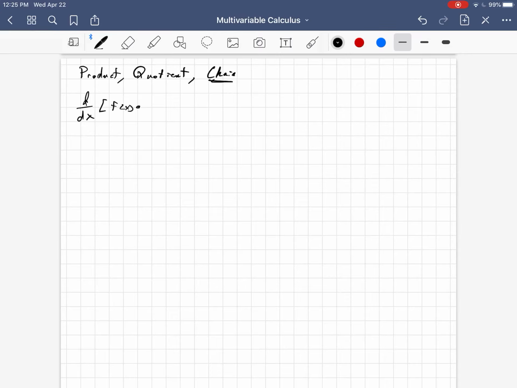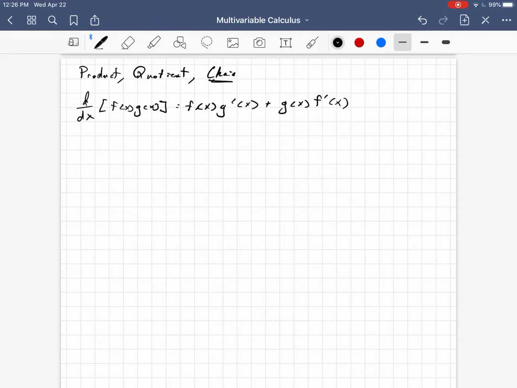What does it say? It says that if we're taking the derivative of the product of 2 functions, then let's say we have the derivative of f of x times g of x, then that's just going to be f of x times the derivative of g of x plus g of x times the derivative of f of x.